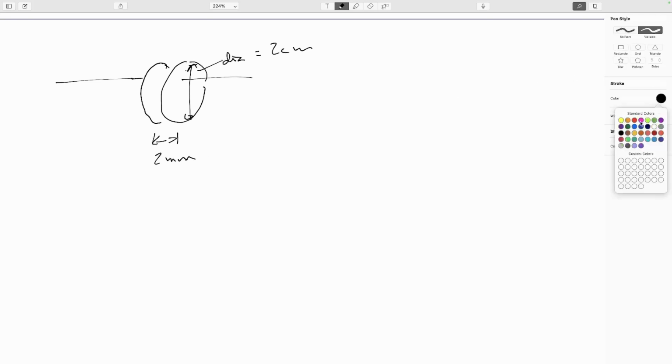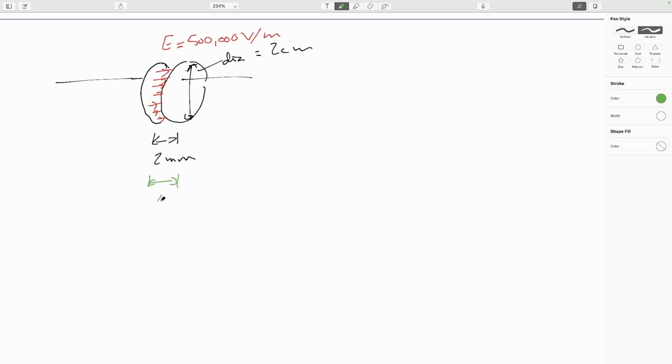And we'll say that they are charged and that the electric field strength between the plates is 500,000 volts per meter, which is a typical kind of value. So the questions here are, what is the voltage across the capacitor going to be? And how much charge is stored on our capacitor?